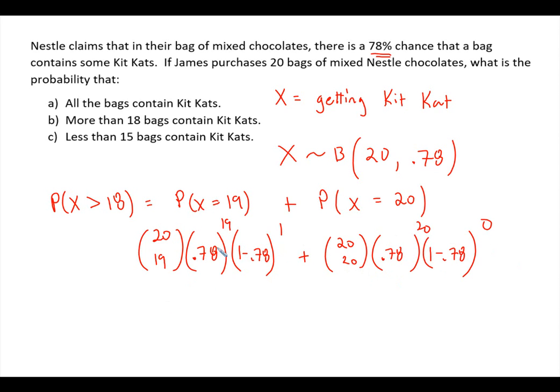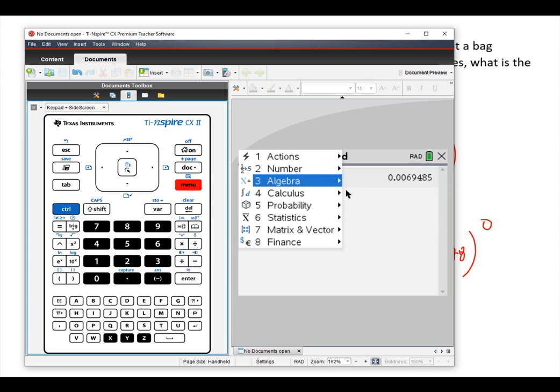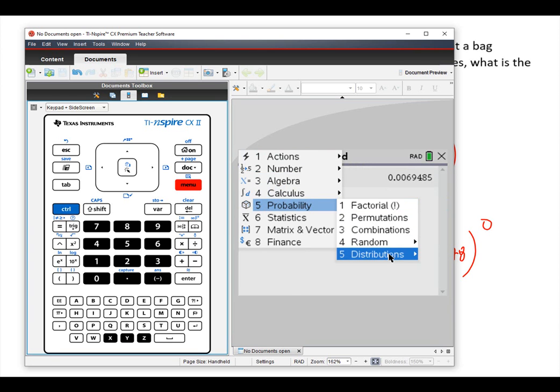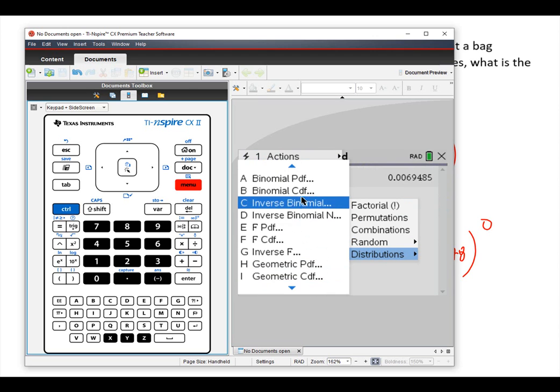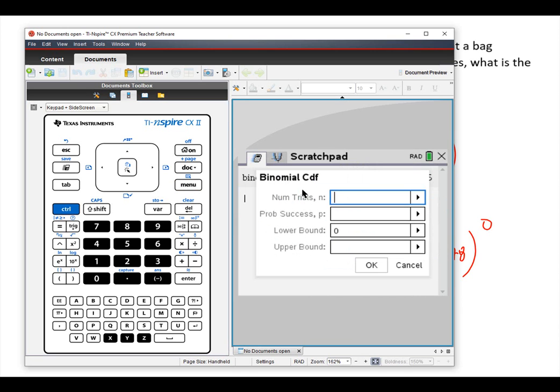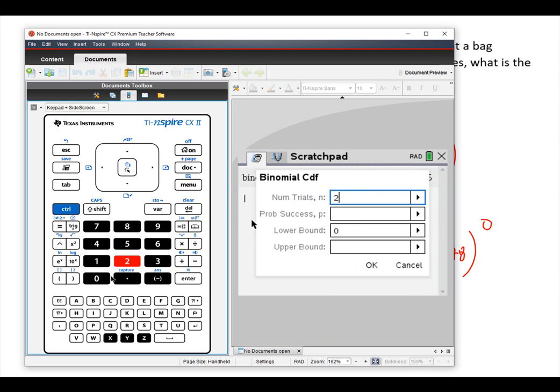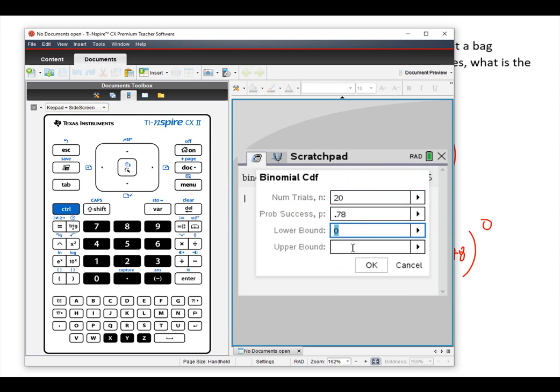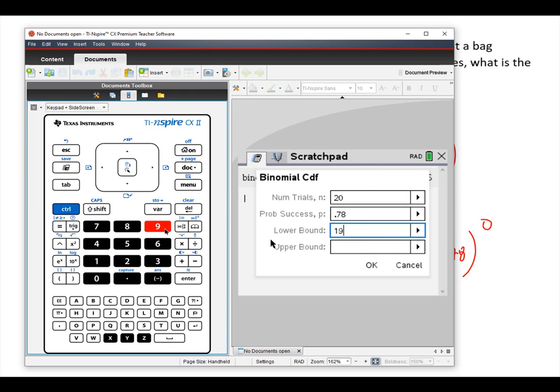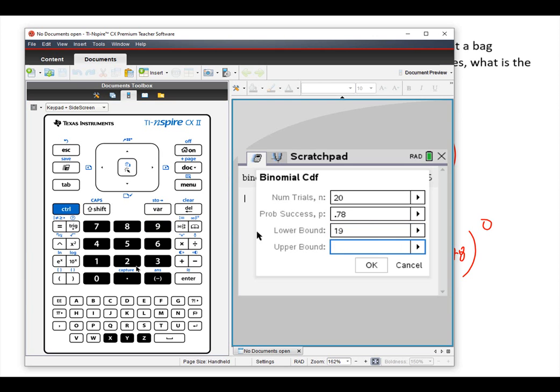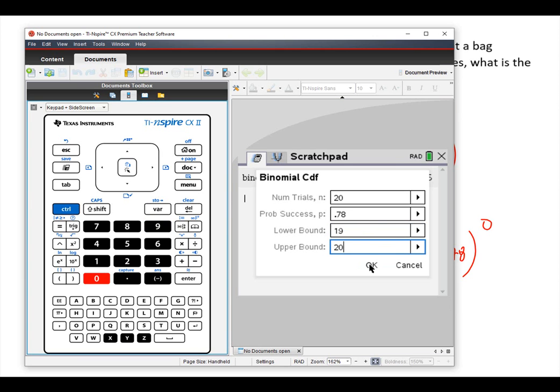When we use the calculator to calculate this, we use binomial CDF because it's an inequality. Number of trials is 20, success is 0.78. For the lower bound, what's the lowest value x can be? That will be 19 because we want x greater than 18. The highest it can be is 20 because 20 is the number of trials.